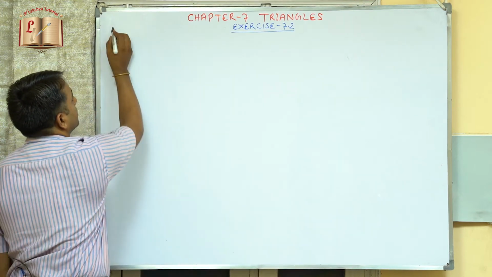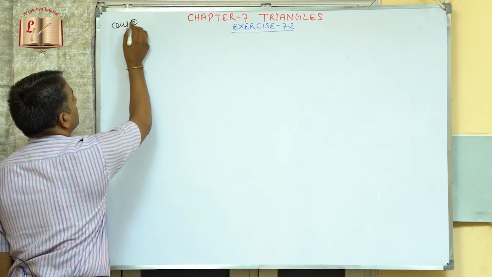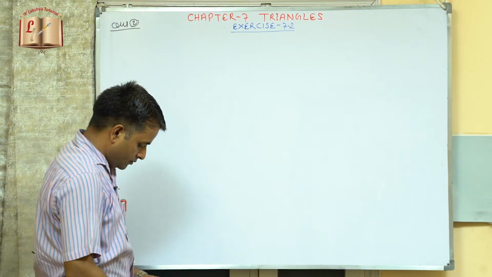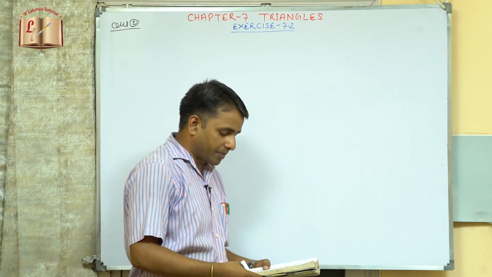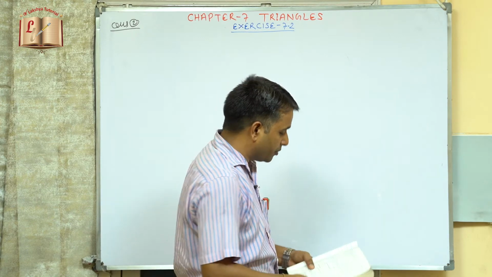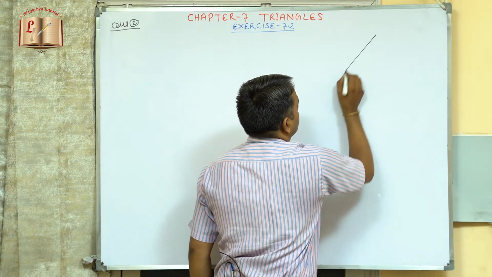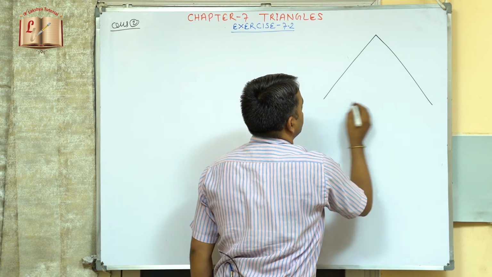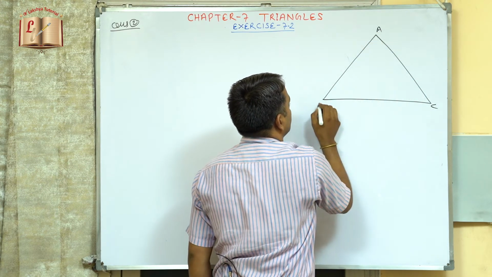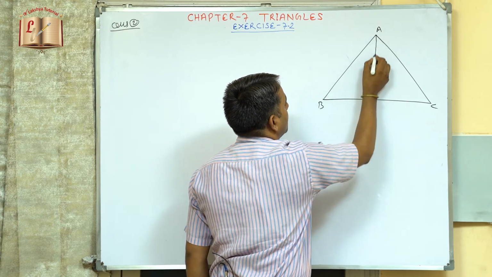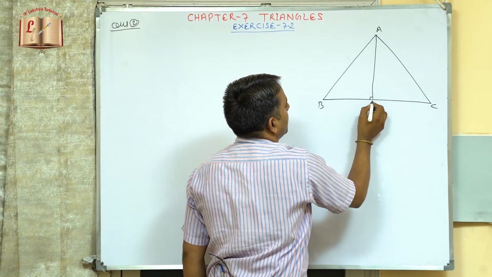So now coming to question number 2. In triangle ABC, AD is the perpendicular bisector of BC. So this is the triangle ABC now, with A, B and C. Now AD is given as perpendicular bisector.